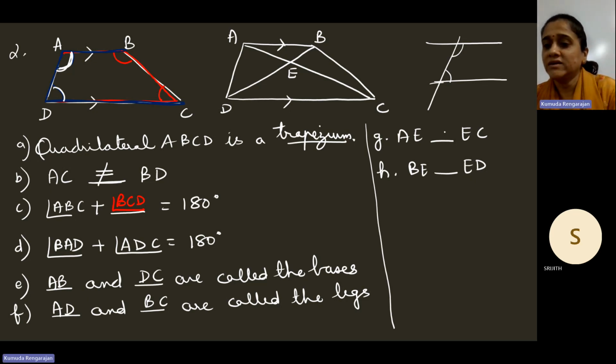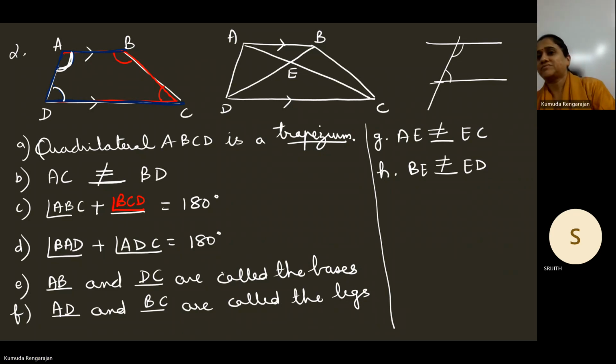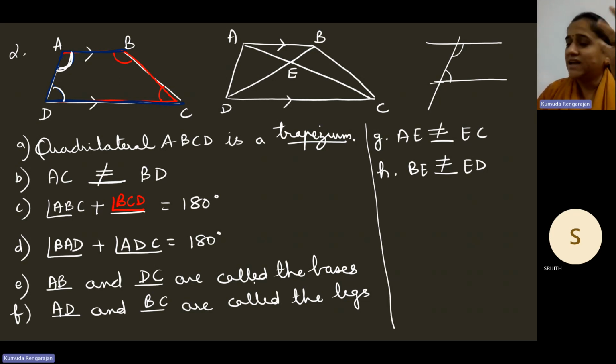Yeah, now AE. AE is not equal to EC. BE is not equal to ED. Because the diagonals of a trapezium do not bisect each other.